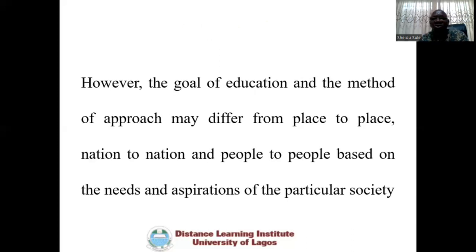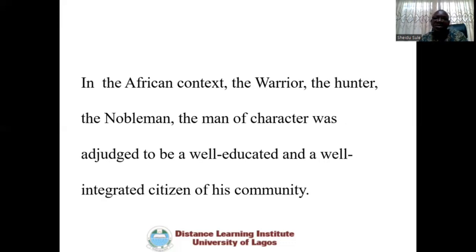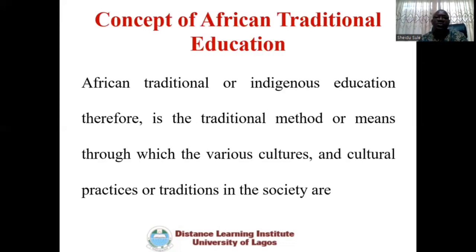However, the goals of education and the method of approach may differ from place to place, nation to nation, people to people, based on the needs, aspirations, and peculiarity of the society. In the African context, the warrior, the hunter, the nobleman, the man of character was adjudged to be a well-educated and well-integrated citizen of his community.